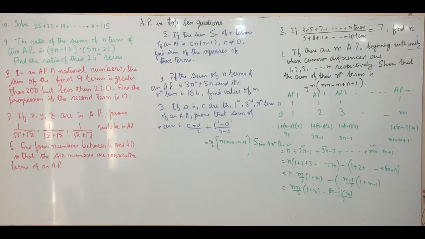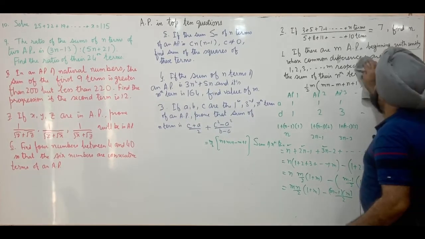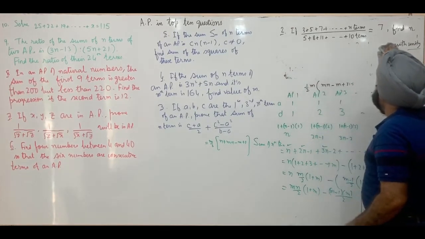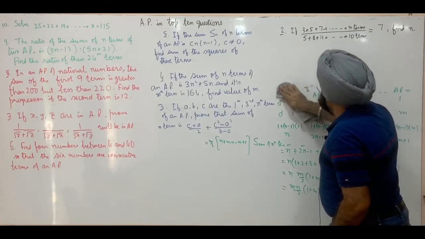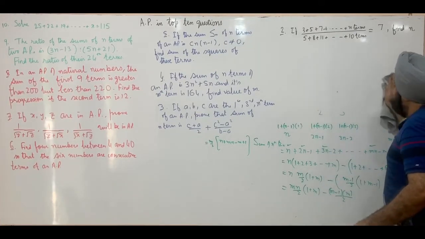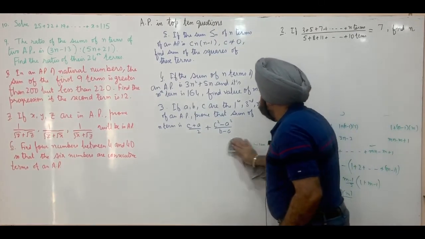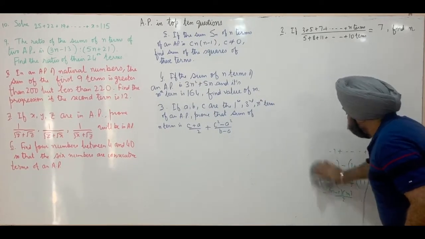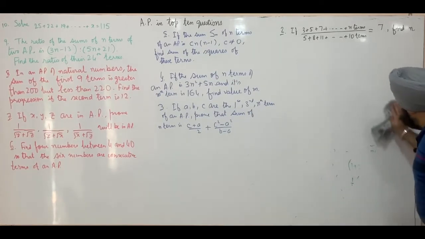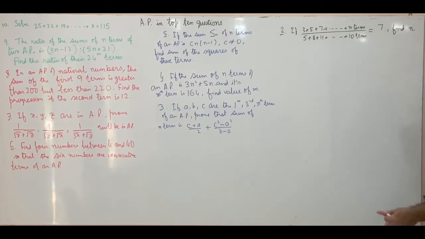The second question, we are given the ratio of sums of two different APs as 7, and we have to find the value of n. In the numerator we have n terms, whereas in the denominator we have 10 terms. So we will find out the sum.